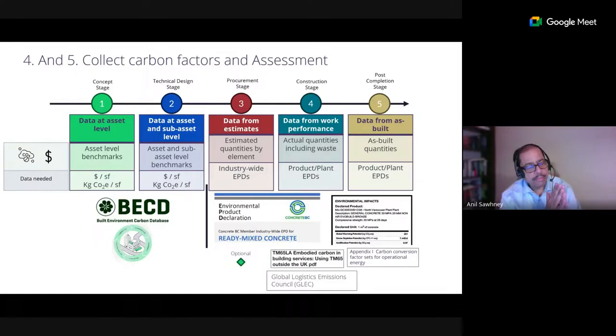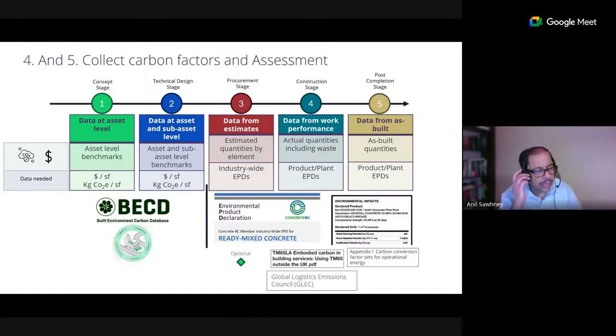But remember, we said we're going to do concept stage assessment, technical design stage assessment, construction stage assessment, and then a post-completion stage assessment. Obviously, at the concept stage, you are not going to have details about which mix of concrete, how much steel is being used.